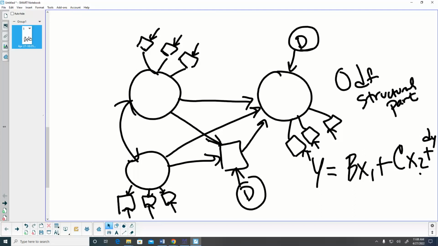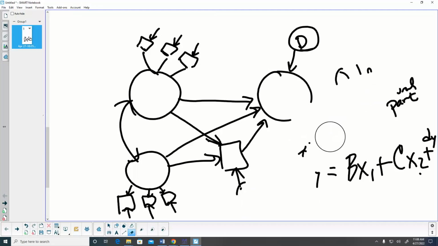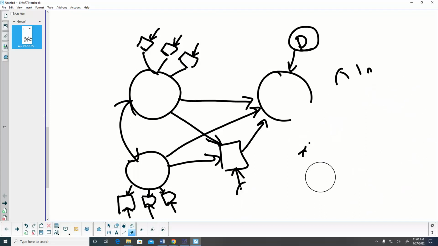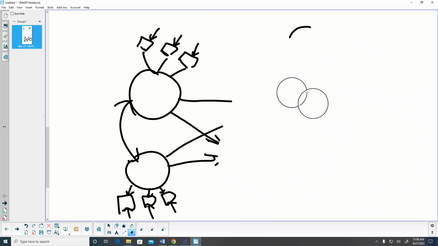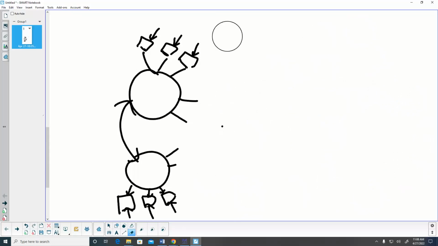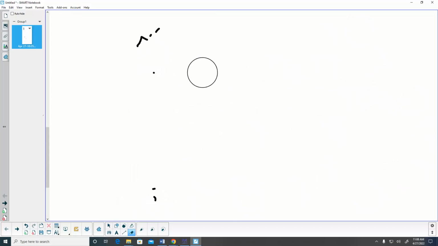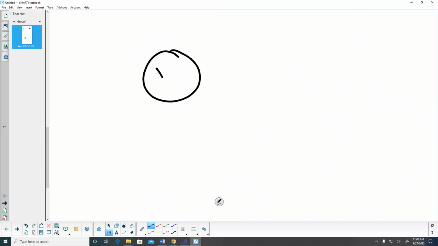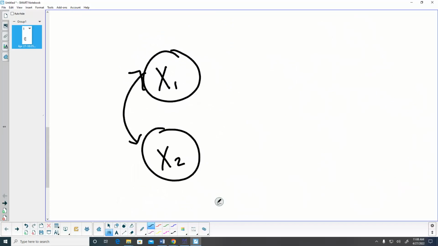Sure. I think this is something that people sometimes get confused about. Let's take a simple model, and we'll leave out the measurement model just to make it easier. This is x1, x2, and those are correlated.